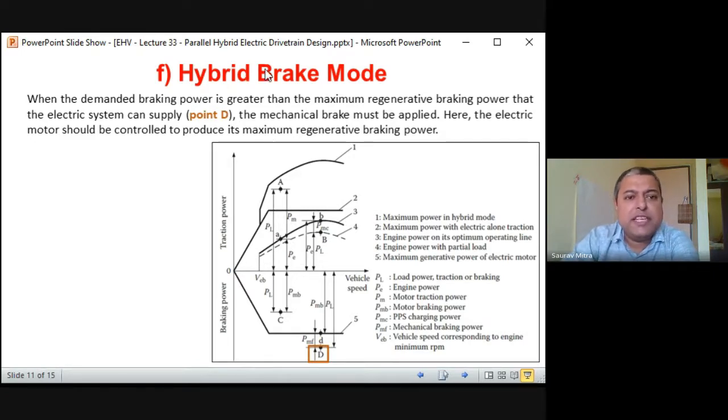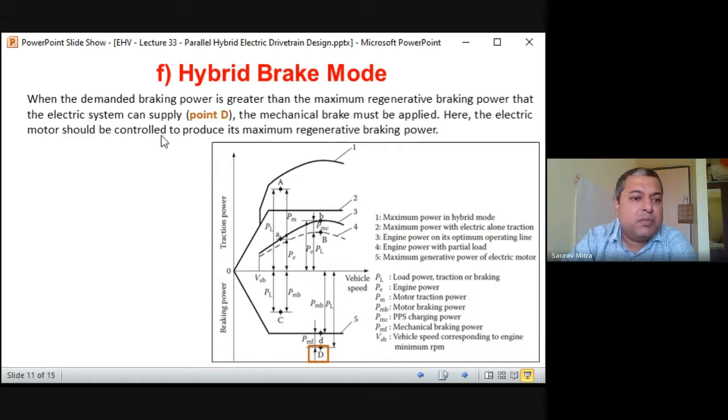This F is the hybrid brake mode, when the demanded braking power is greater than the maximum regenerative braking power, PMB max. That means suddenly too much brake power has to be applied. So electrical and mechanical together: the electrical system can supply some, and the mechanical brake must be applied.